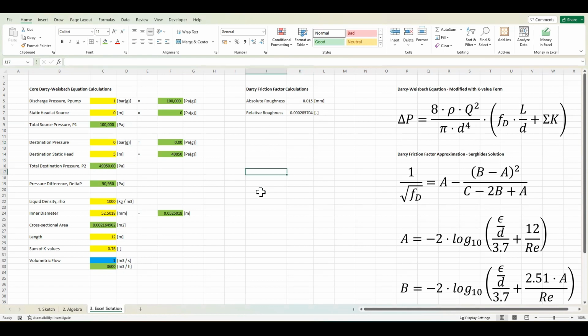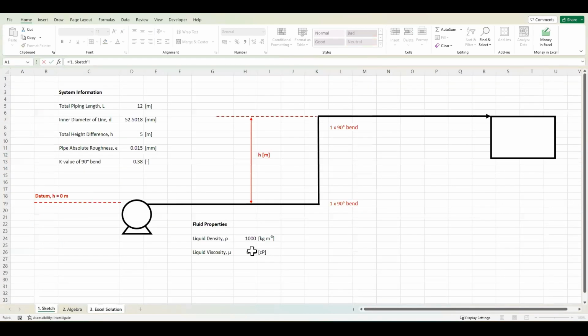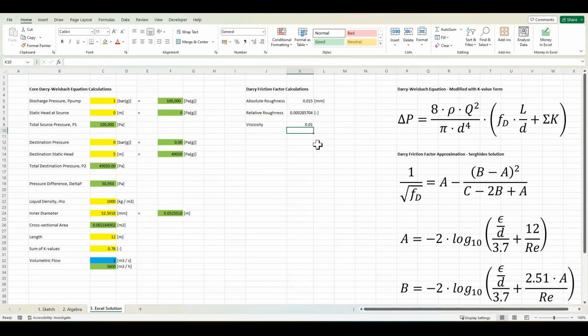Okay, so for Reynolds number, we will need viscosity. So we can do that on this page, viscosity, and that's going to be equal to... I've actually put it in centipoise here, but I'm going to convert that into SI units, which is going to be Pascal seconds. So that's cP, but to get it into Pascal seconds, we divide by 1,000, I believe. Yeah, divide by 1,000 Pascal seconds.